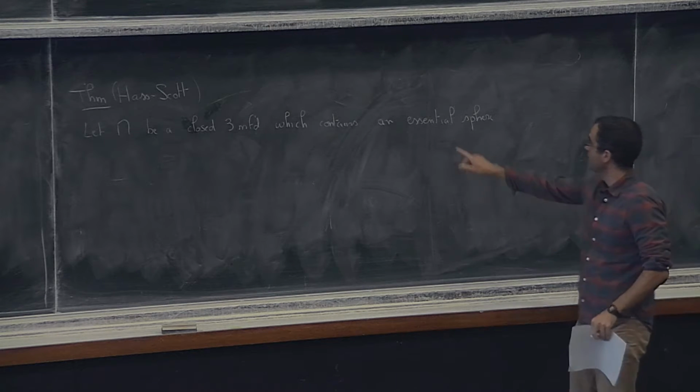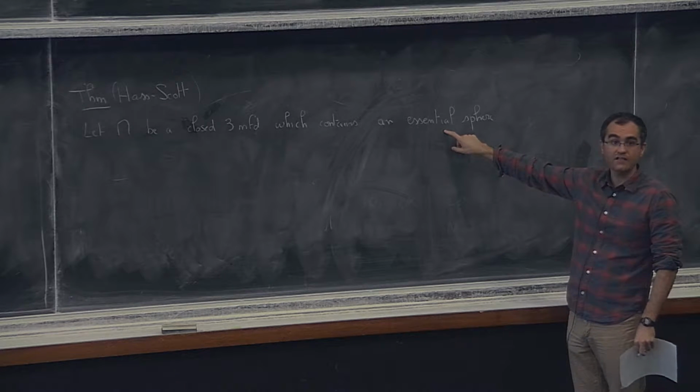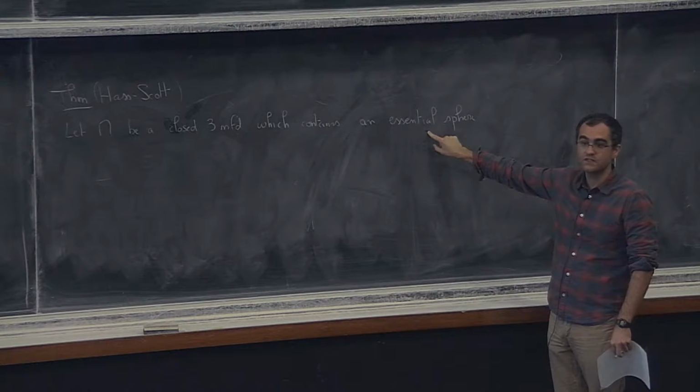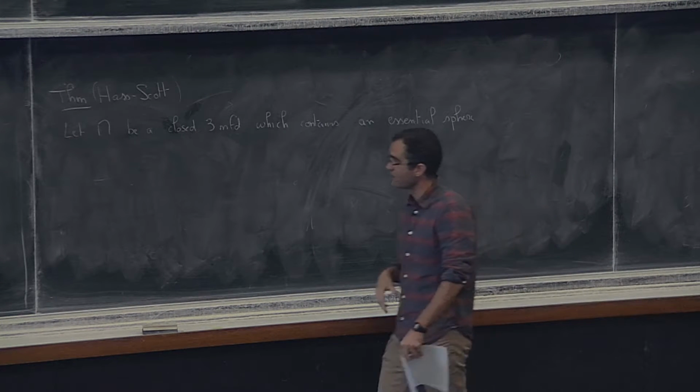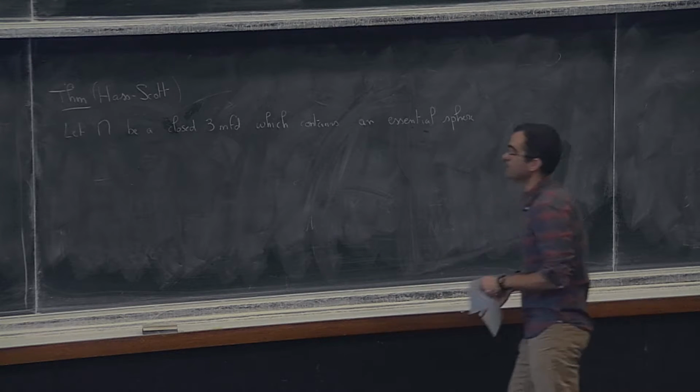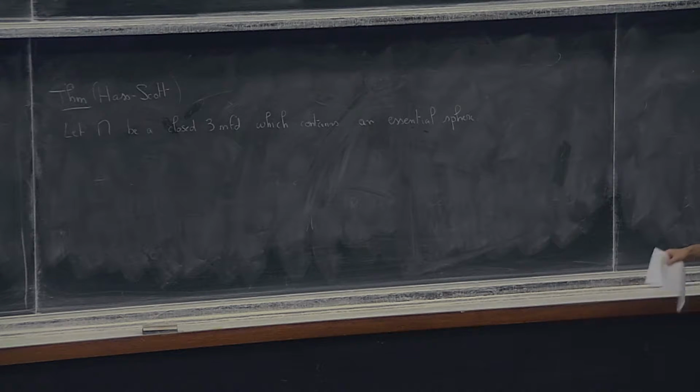The idea is to do the minimization in the isotopy class of this sphere to produce a sphere which has minimum area among all spheres which are essential in M.